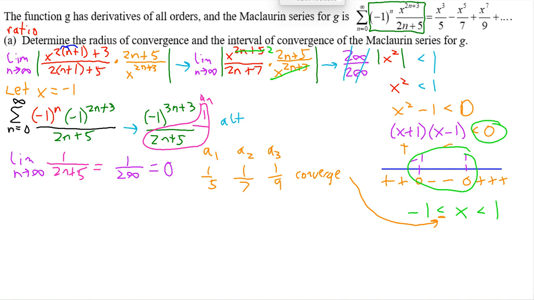And then let's check and see if it would converge or not at x equals positive 1. So at x equals positive 1, we get negative 1 to the n, and then we'll plug in positive 1 here for x.